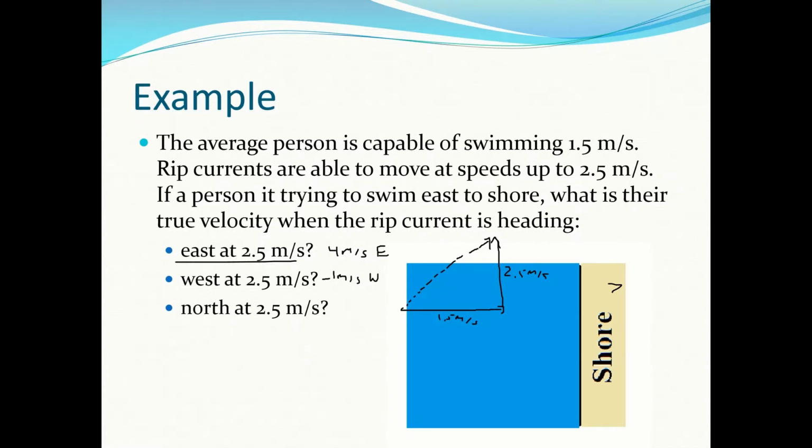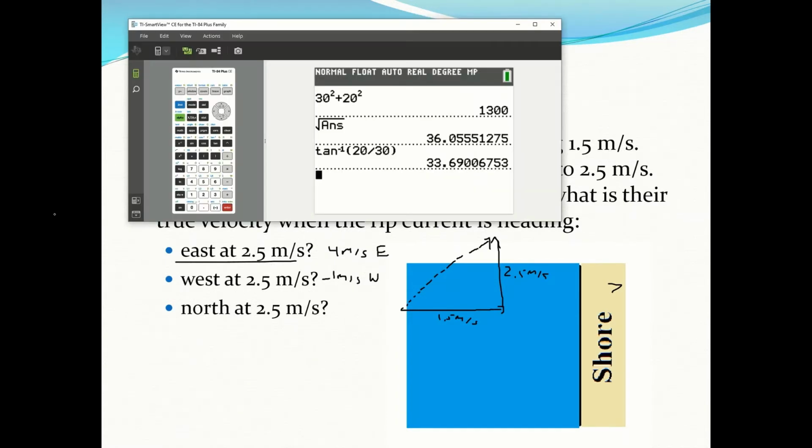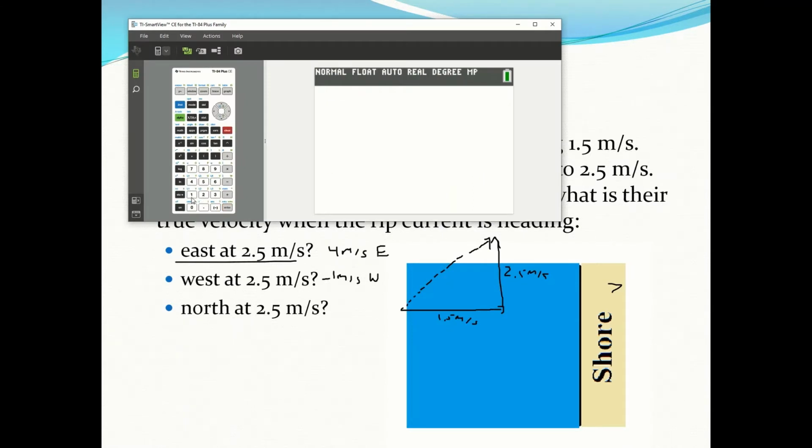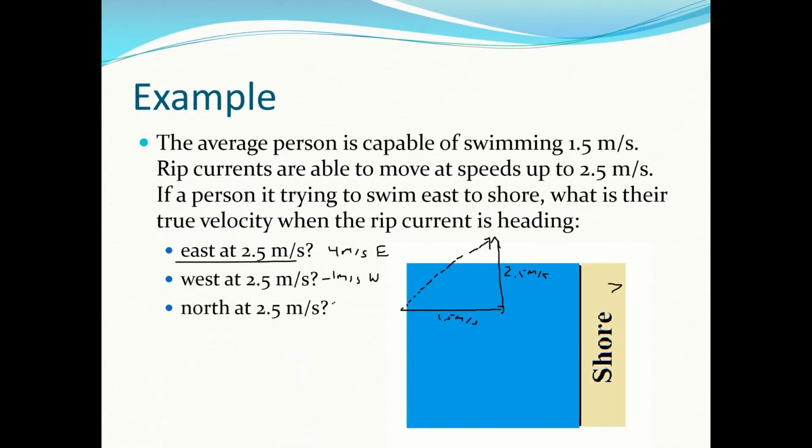So if we want to find out their true velocity, well, we just have to Pythagoras that. So to Pythagoras that, we go 1.5 squared plus 2.5 squared. We square root our answer, and we get 2.9, right? So 2.9 meters per second.